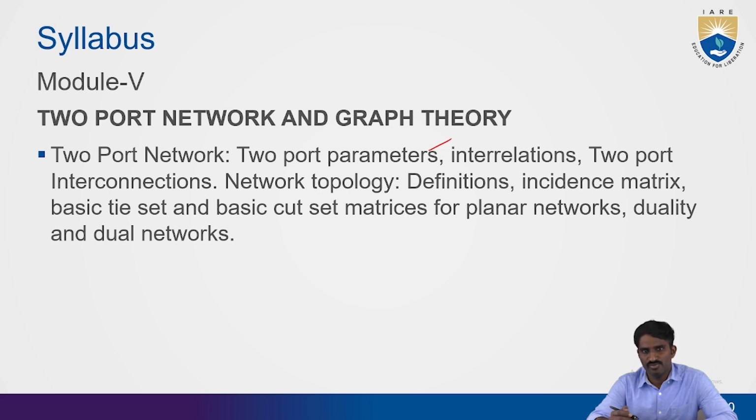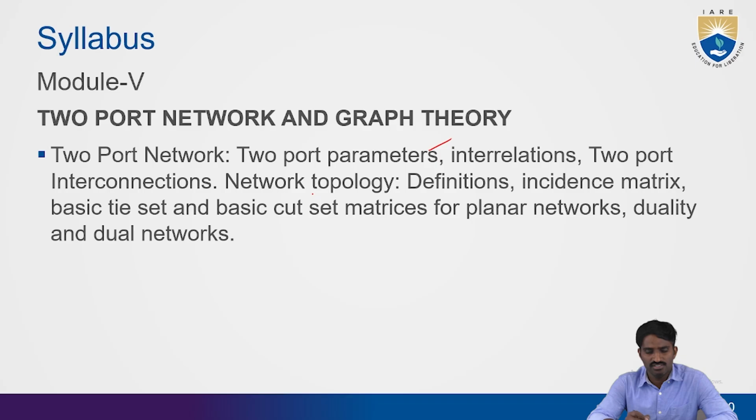The H parameters are also called hybrid parameters. We will discuss what the various parameters are, and the interrelation and interconnection between the parameters, like ABCD to transmission, or transmission to ABCD, or impedance to admittance, and admittance to impedance.